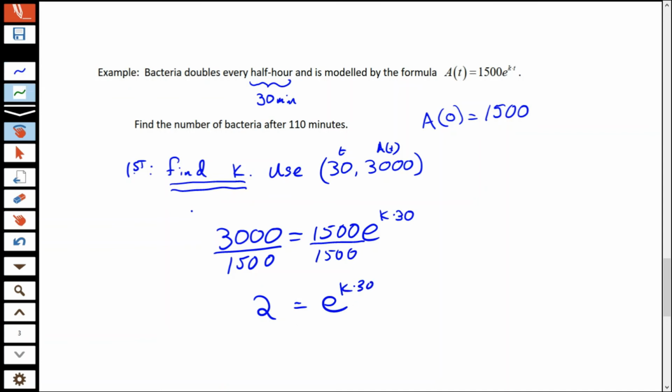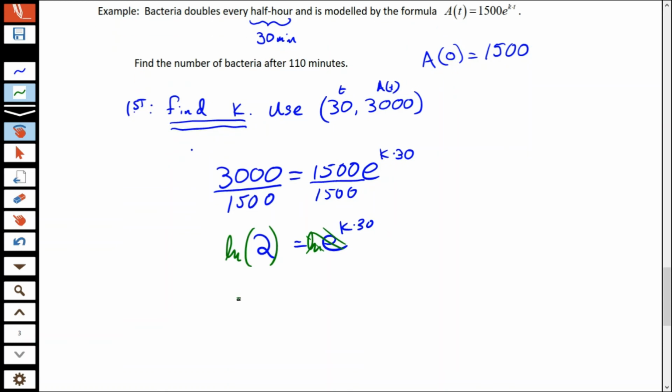Now that we have that by itself, we are going to log both sides, right? We want to cancel out that e to the power, so we take the natural log of both sides of that equation. The natural log and the e cancel. We get natural log of 2 is equal to k times 30. We can divide that 30 over.